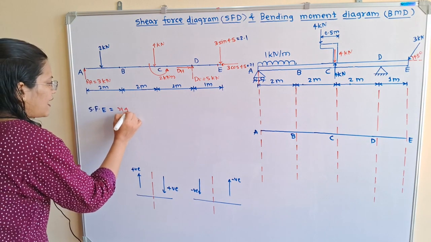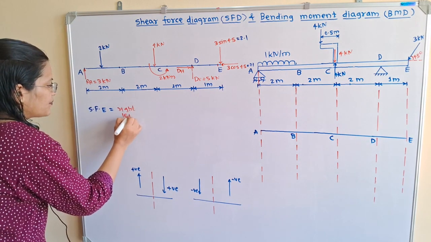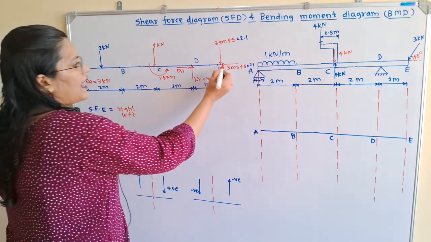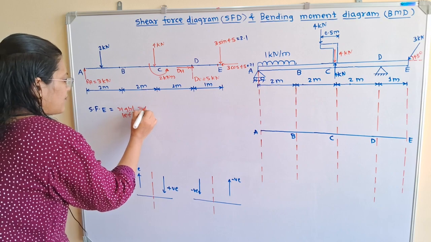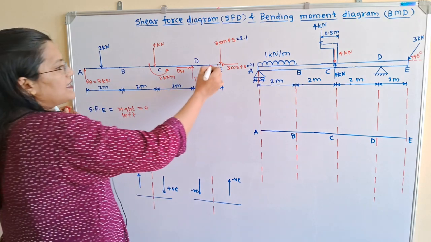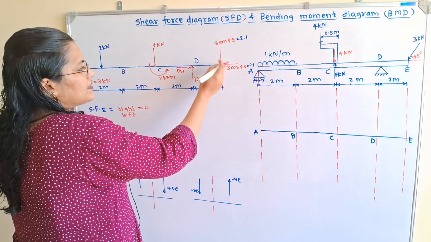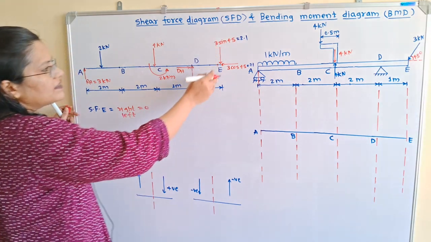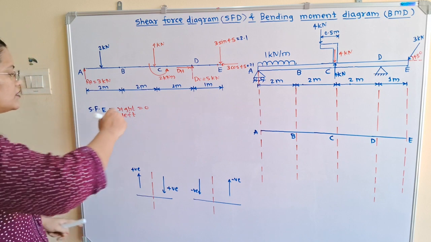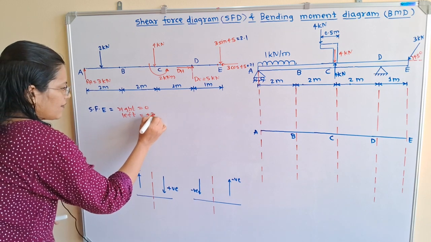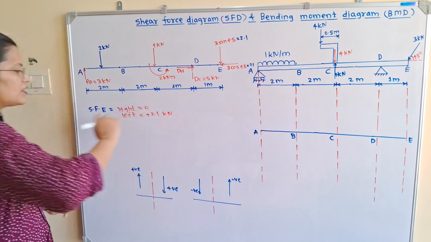I will write here right, left. If I select the right hand side point, then on the right hand side there is no force, so its value is 0. If I select the left hand side point, then on its right hand side there is a force in downward direction and its value is 2.1. So I will write here plus 2.1 kilonewton.